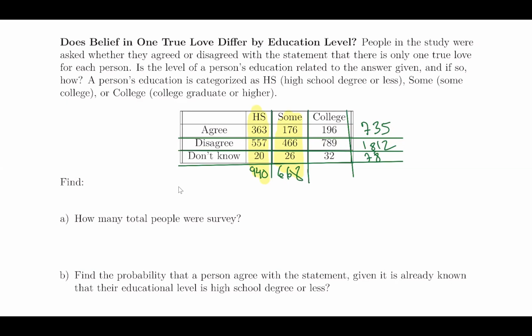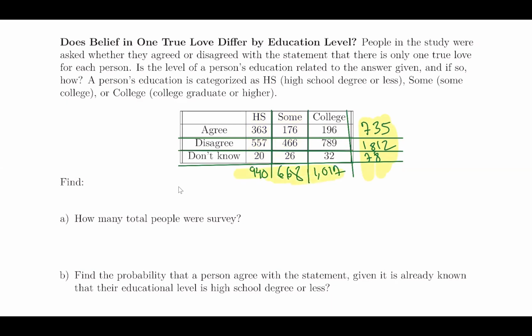All right. Lastly, I'm going to do people who have college level education. So 196 plus 789 plus 32. And you get 1017. So last thing I'm going to get the total. I can either add up all of these numbers, or I could add up these three numbers, and it will give me the total amount.